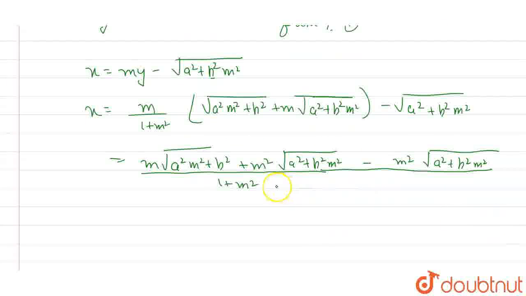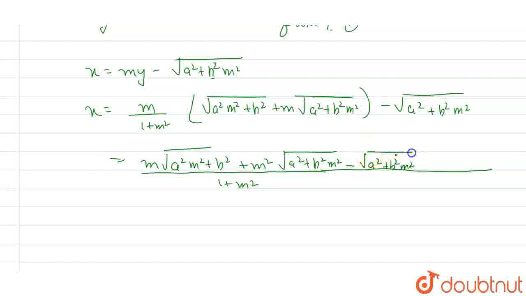Now I can clearly see that there is a missing term also. If I'm taking LCM, there should be one extra term, so I'll write it down here. This should look like something: under root of a square plus b square m square, because there is a 1 and then multiplication of m square in this one, minus m square a square plus b square m square.